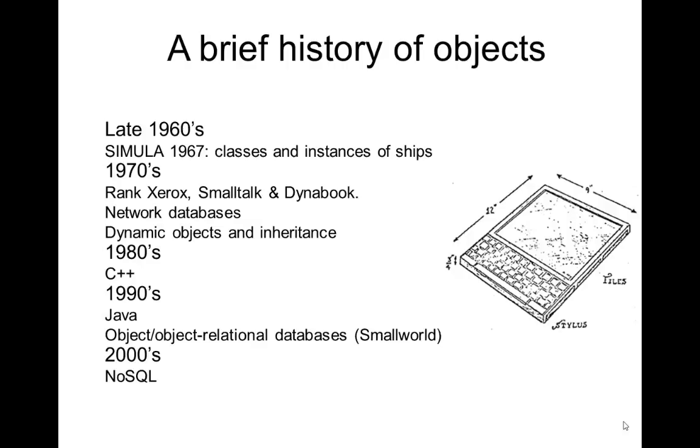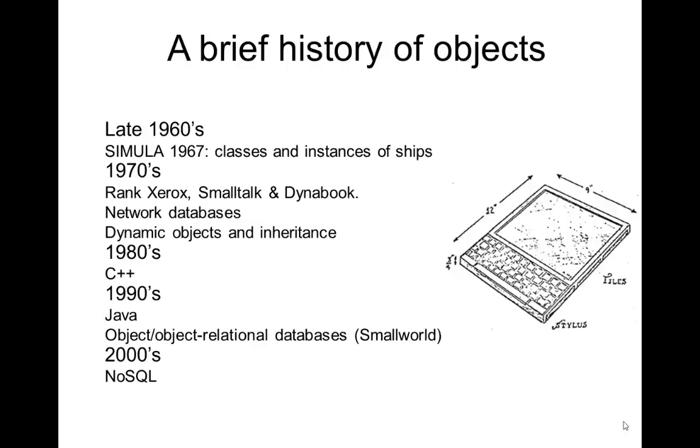In 1967, a programming language called Simula was written, and that was the first programming language that included classes and instances. And it was for ships, and I believe it was the Norwegians or the Swedish, and they were modeling how ships explode, like you do. So that was the start of developing objects.